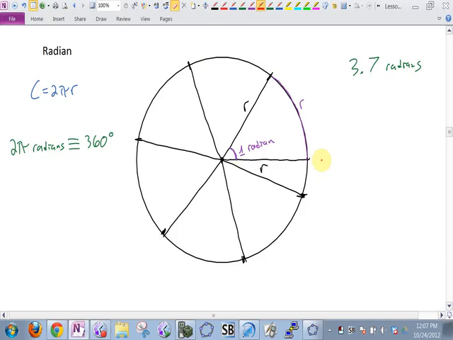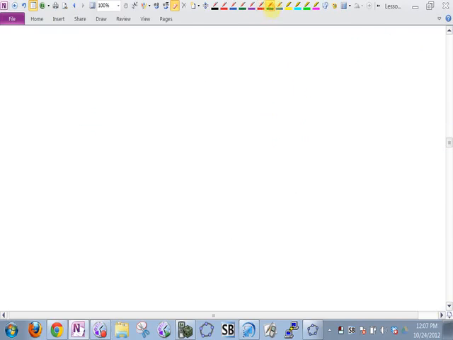Whereas degree measures have a direct relationship with what fraction you've rotated. Okay, so they're different. They're different uses. Okay? So what are some common measurements? Well, 360 degrees is equal to how many radians? 360 degrees is equal to 2 pi radians.